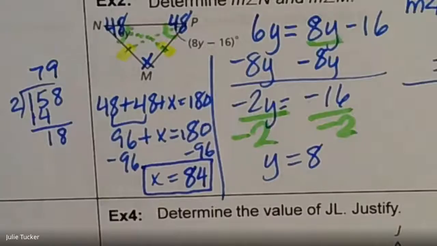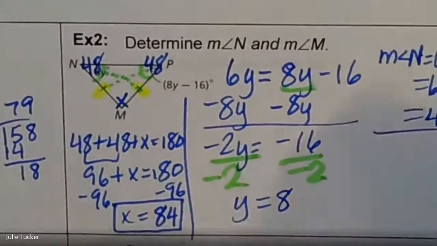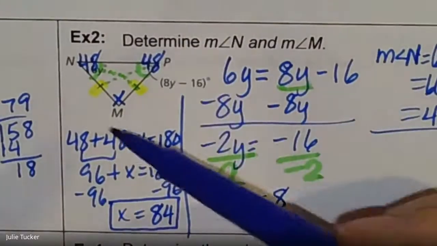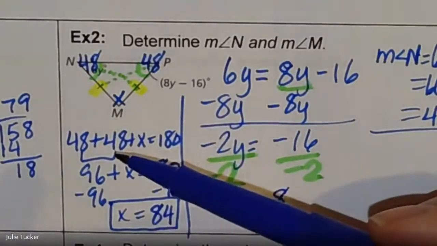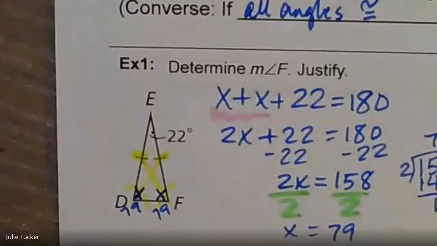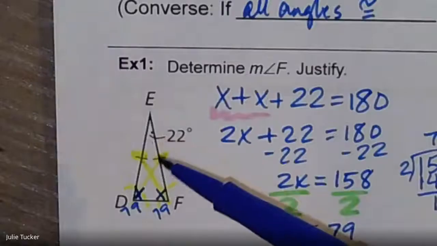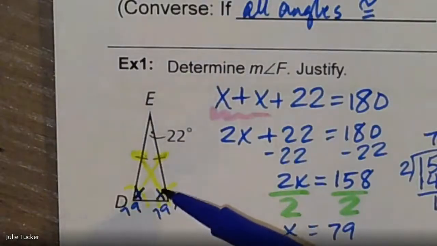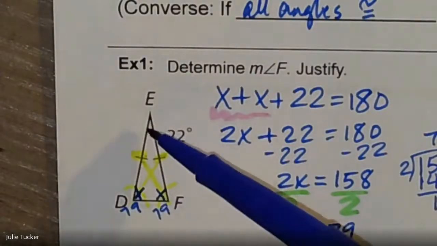Okay? So this problem, the last part of it, this very last part right here that we just did, is just like the first example, really. The difference is that on the first example, you had an X for the base angles and you knew what the vertex angle was at the top.